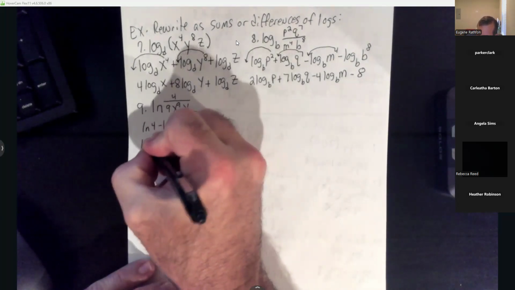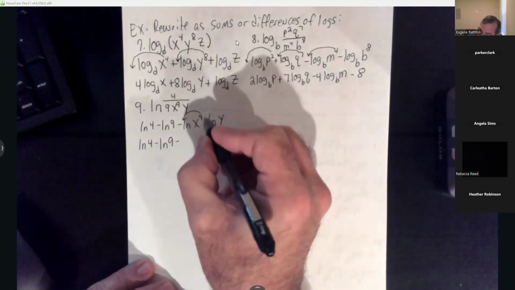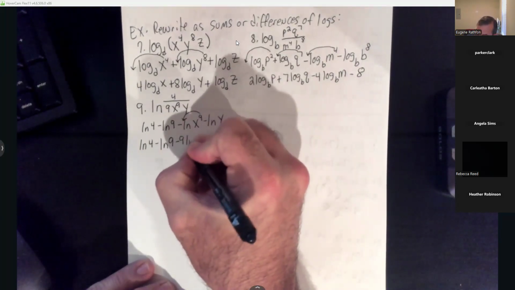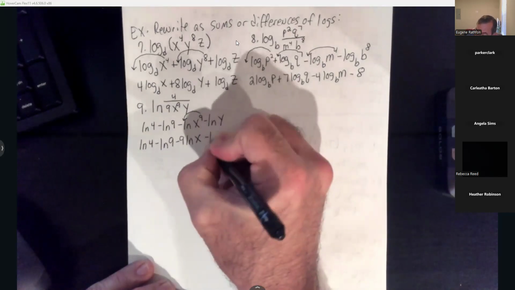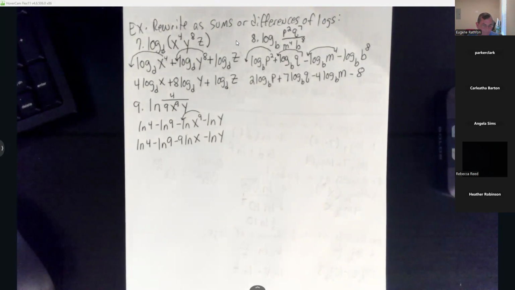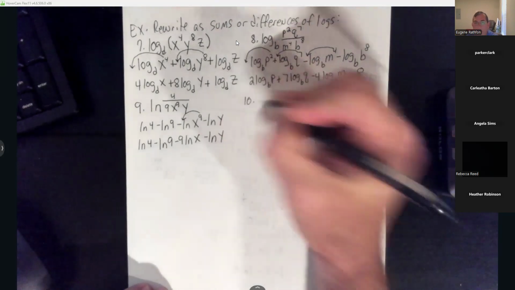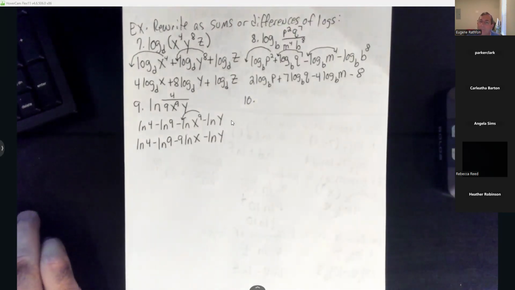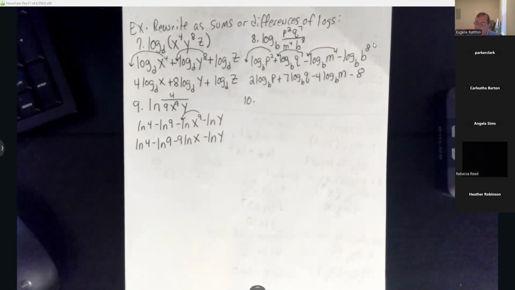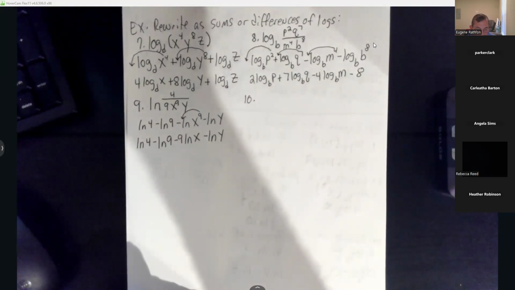So we'll just rewrite it all. ln 4 minus ln of 9 minus, that's going to become a 9 times ln of x, and then minus ln of y. So y'all, they're not real bad. You just got to follow those properties they gave us and rewrite stuff according to those properties, okay?